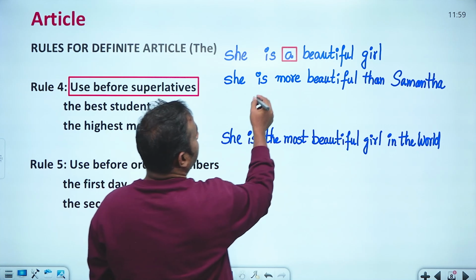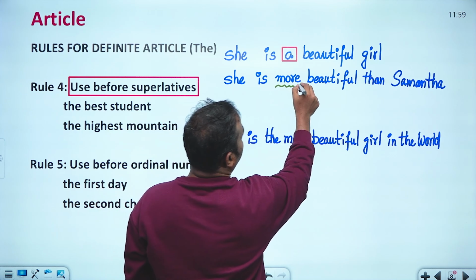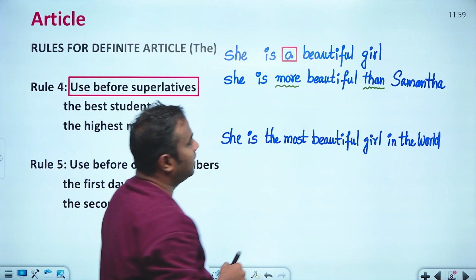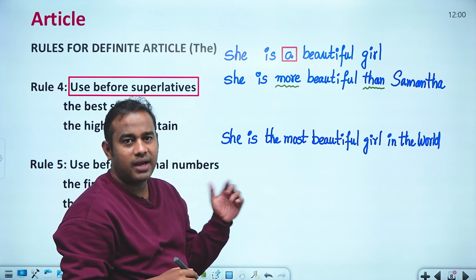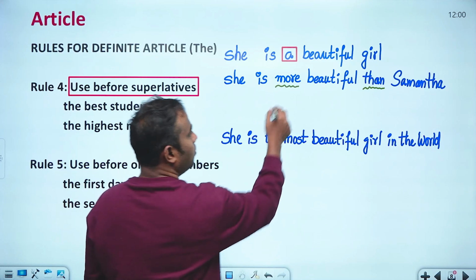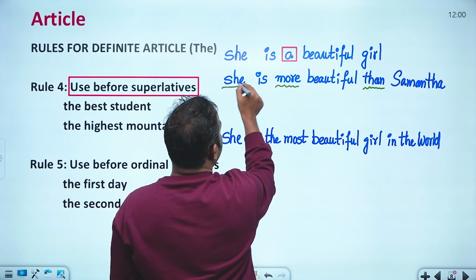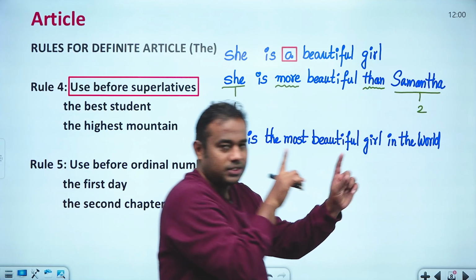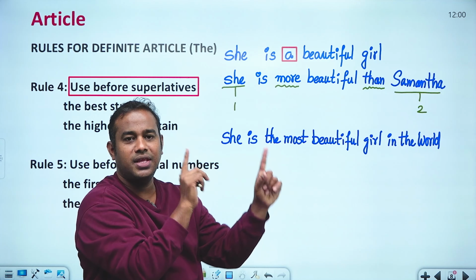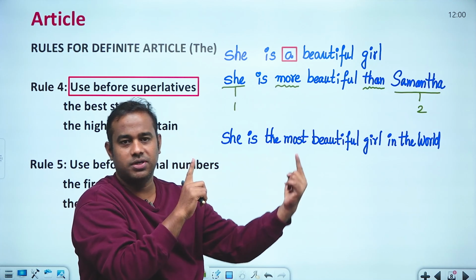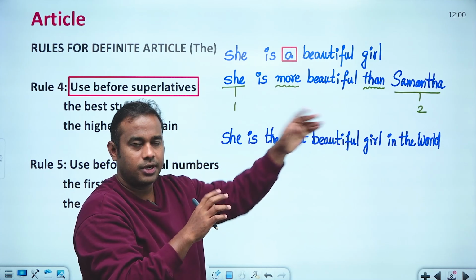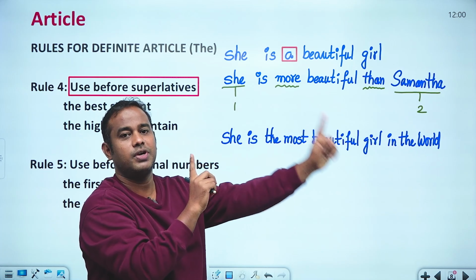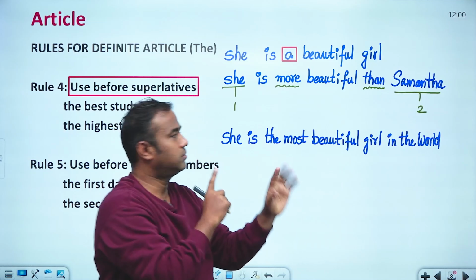Here in this adjective, we are enhancing it with some extra words, more and than. She is one person and Samantha is the second person, so we establish a relation between the first person and the second person, comparing that this person is better than that person.